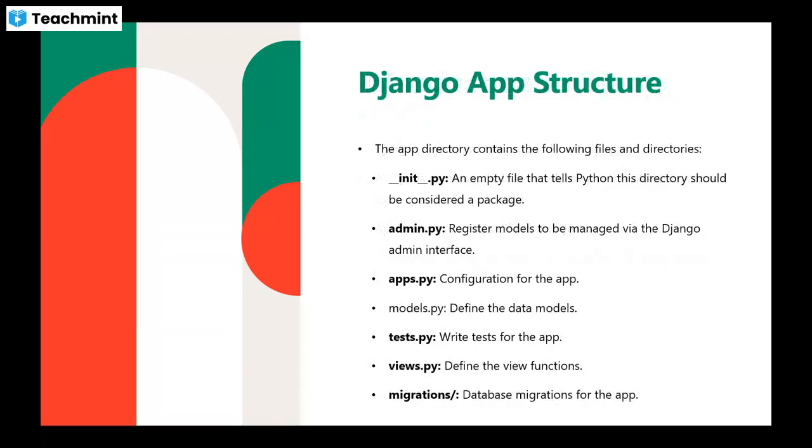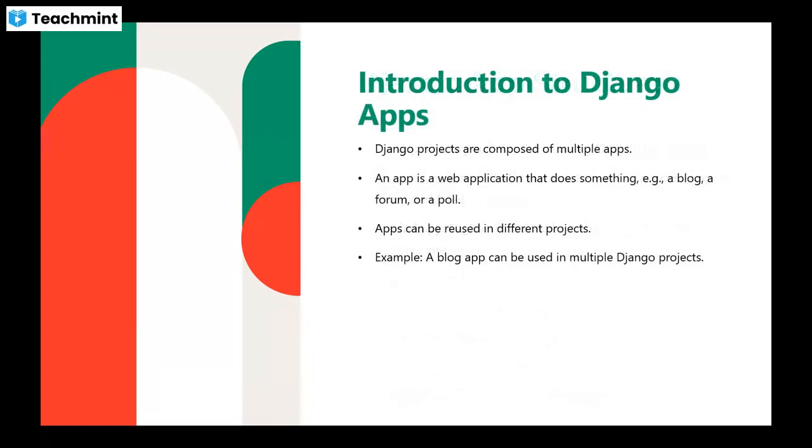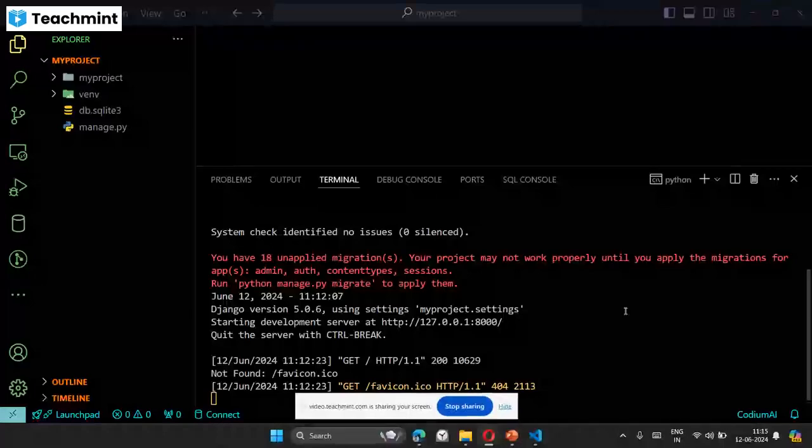So let us create a Django app. Let us see the structure of Django apps. Here we have already created our project. To create our Django app, first we have to stop the server.